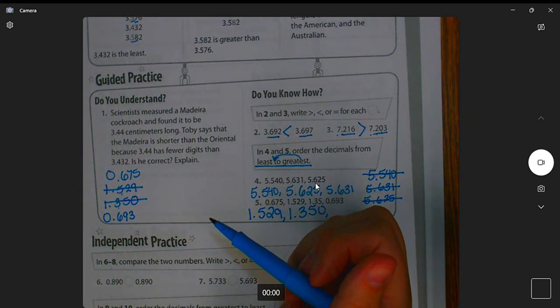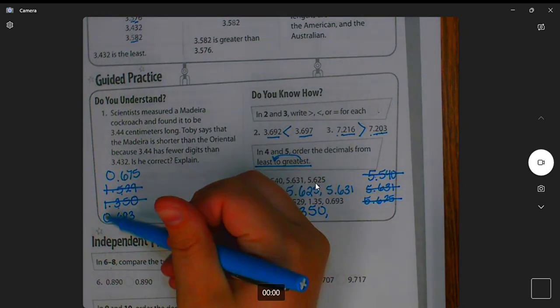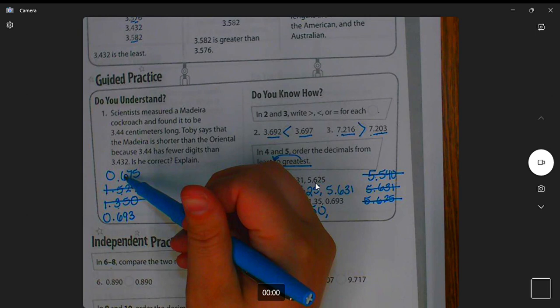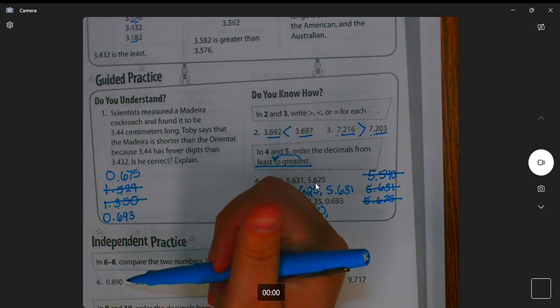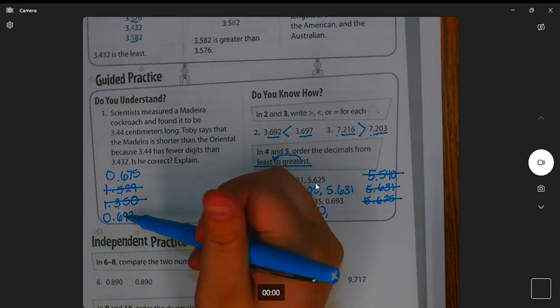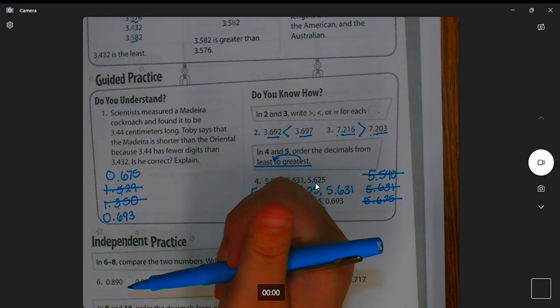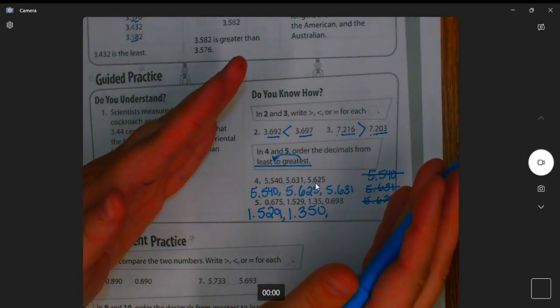All right. Now I need to go back and look again. I know the zeros are going to match. So move over to your tenths place. 6 and 6. Do they match? Yes. Move over to your hundredths position. 9, 7. Do those match? No. Which one is bigger?